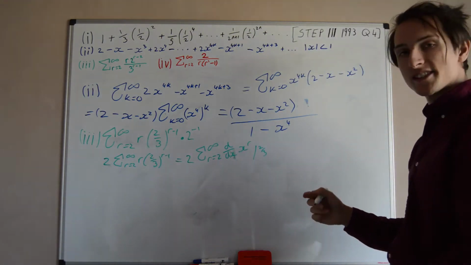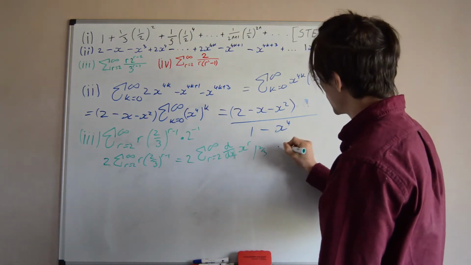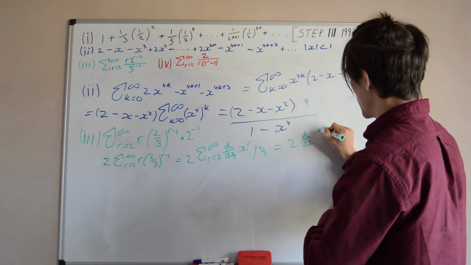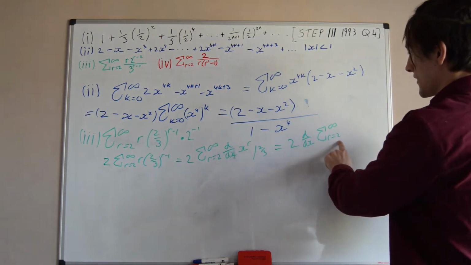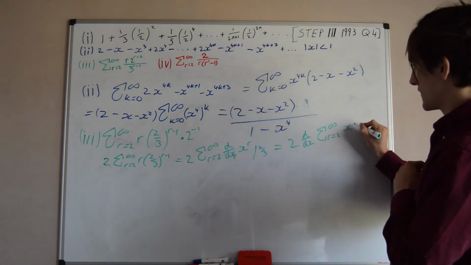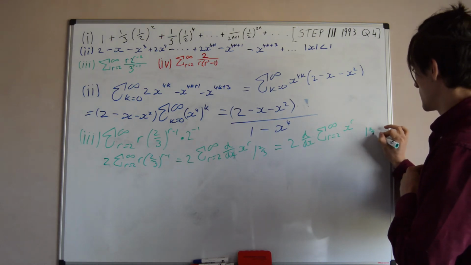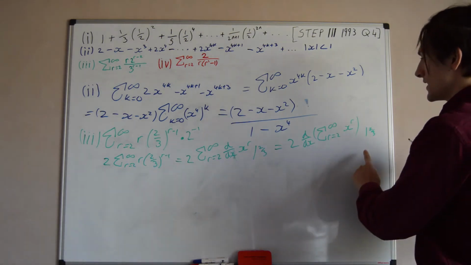Similarly with the integral, we can actually bring the differentiation out to the front, in front of the summation. So we have 2 times the differential, and again, if you're not sure about this, write out some terms and you'll see. It's the infinite summation, r equals 2, and now we just have x to the r, and of course this is evaluated at 2 over 3. This bar means evaluated at, so it's the differential of this.